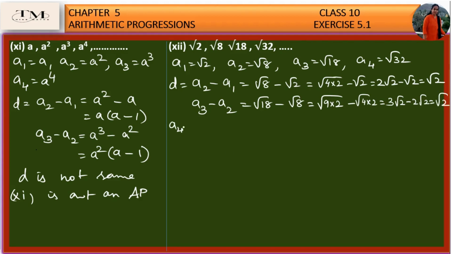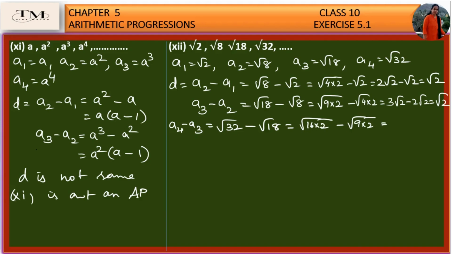Next, A4 minus A3. What is A4? It is root of 32 minus root of 18. This can be written as root of 16 into 2, 16 into 2 is 32. I took 16 because 16 is a perfect square. Root 18 is 9 into 2.